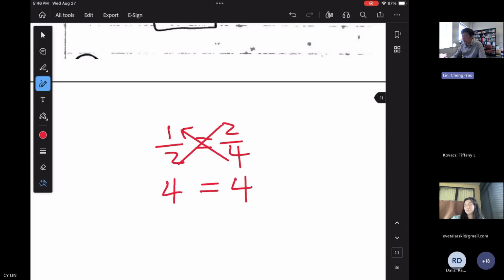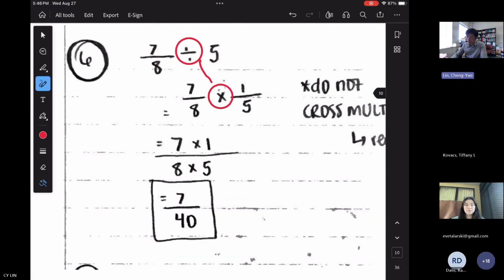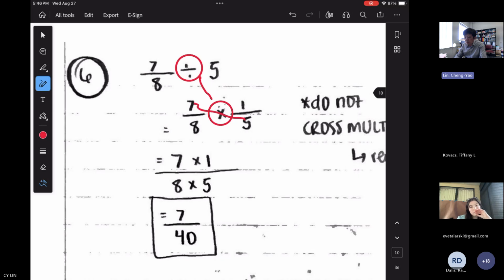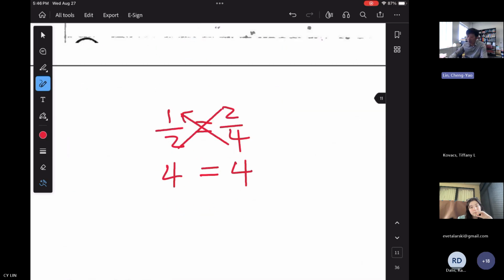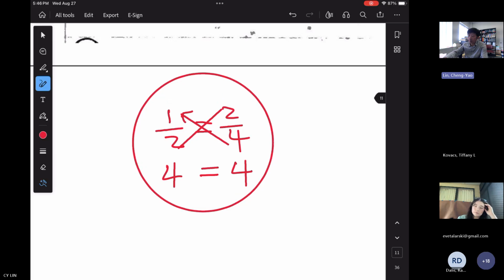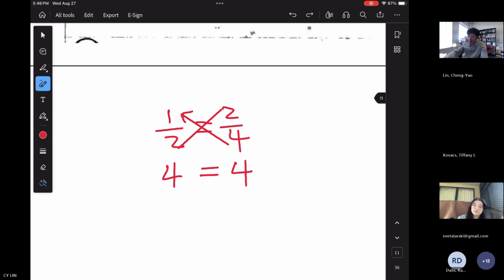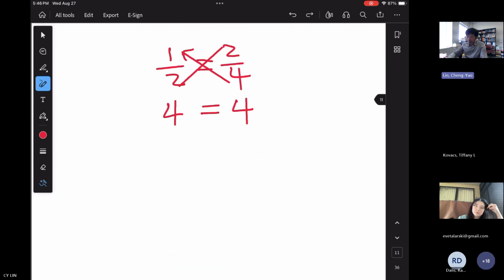Does that make sense to you? Yes. Some students need to know the multiplication rule. It's not the equivalent fraction rule, and the multiplication rule is different. Only with equivalent fractions can we cross multiply. Okay. Next problem.